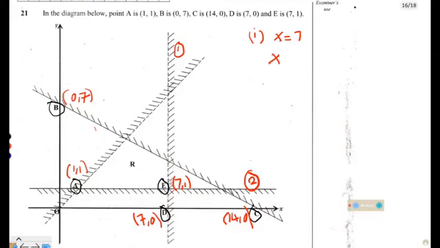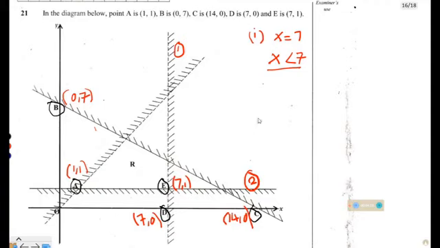It's a dotted line, and the shaded part is this side, showing us that starting from 7 going to the right-hand side, all the numbers are greater than 7. The unshaded part is the one that you want to define. So here we are going to say x is less than 7. The shaded part is the unwanted part, so we describe using the opposite. So this is our first inequality.